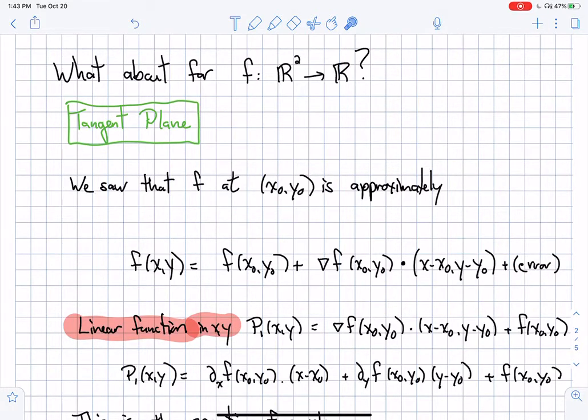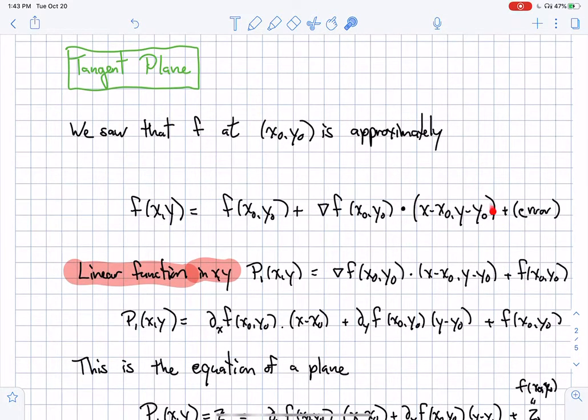So what plays the role of the linear function now is this, okay? The value of the function at the point plus the gradient dot product with this vector. And so that's my linear function, and if I expand the dot product and write the gradient explicitly, it is del x of f at the given point times x minus x0, plus del y of f at the given point times y minus y0, plus the value of the function at the point, okay?